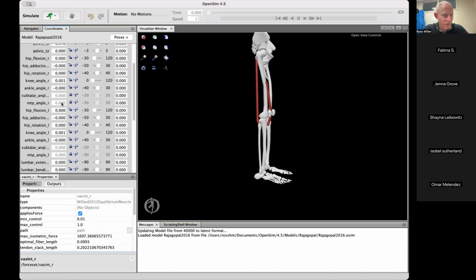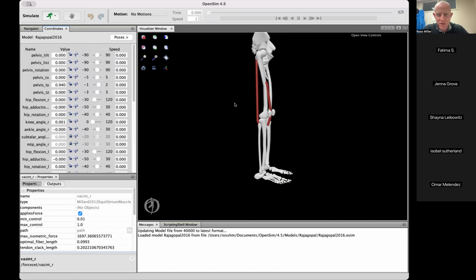Okay. So as I flex the knee here in the model, pay attention to what's happening to the length of this quadriceps muscle and the length of this hamstring muscle. Okay. So here I'm going to flex the knee. And as I do that, you should see, as we flex more and more, that the quadriceps are getting longer and the hamstrings are getting shorter, right?